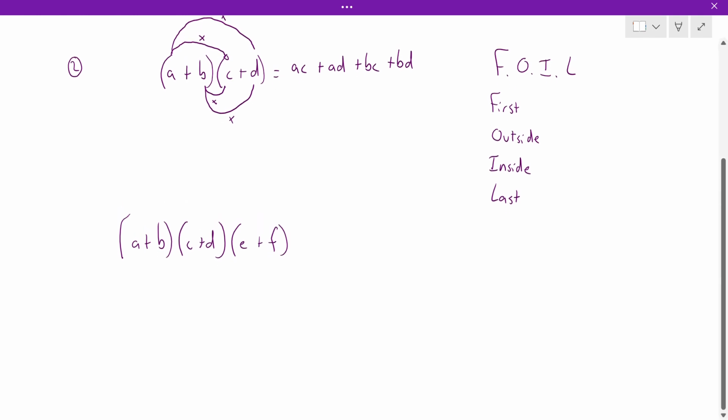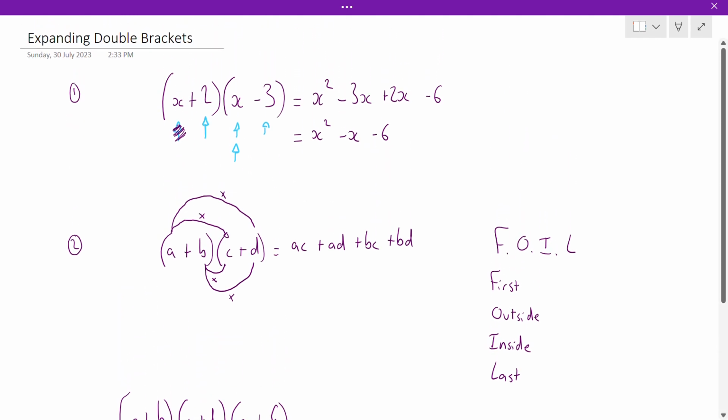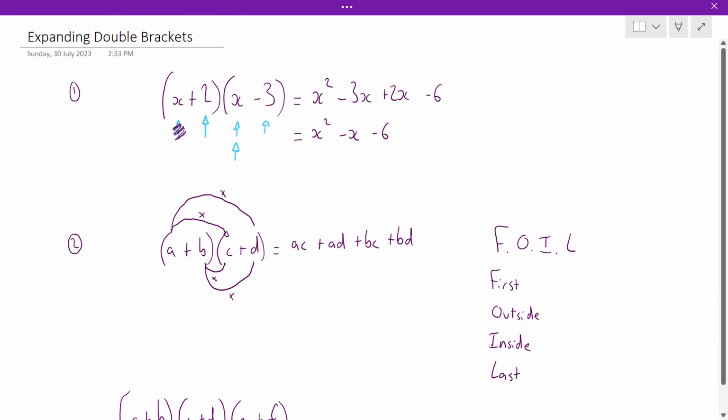If you remember that everything in this first bracket needs to be multiplied by every other term in the second and third brackets, that's a lot easier. So this might be a situation where FOIL breaks down a little bit, but if we just have double brackets, then either technique works.